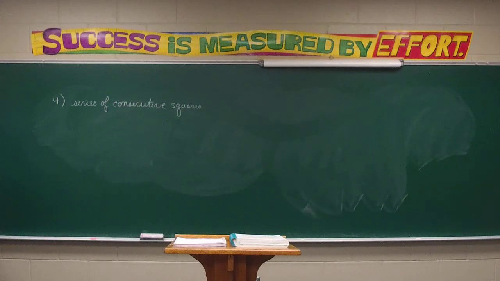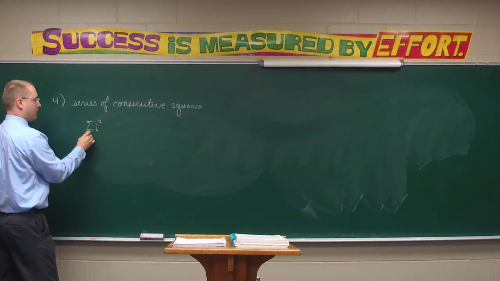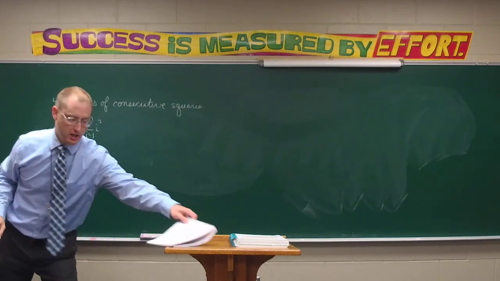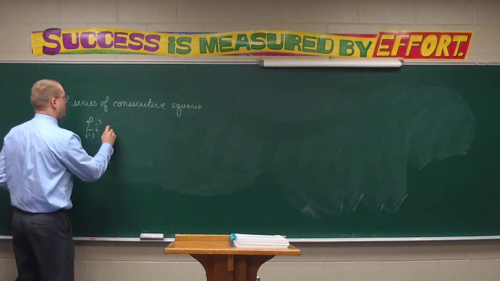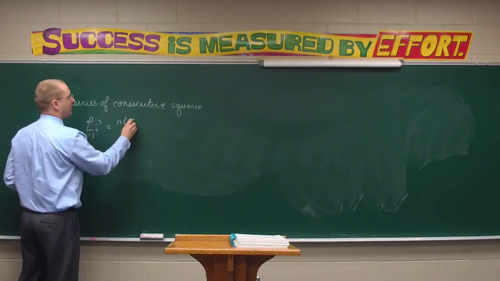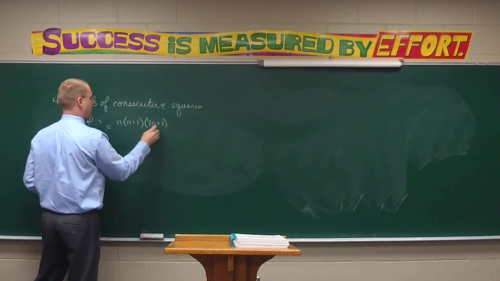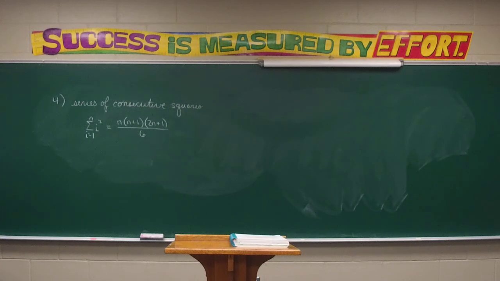So here the series of I squared from 1 to n. Here's your formula. N times n plus 1 times 2n plus 1 all over 6.